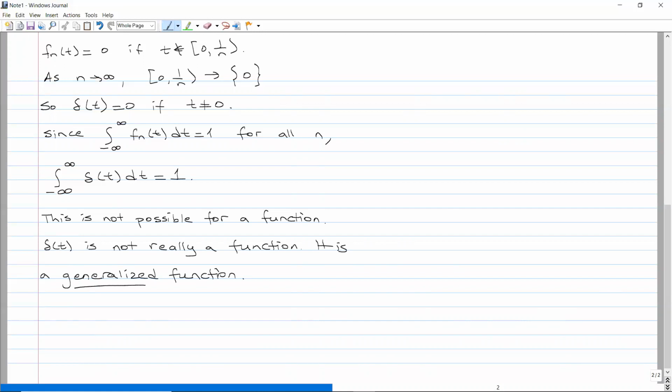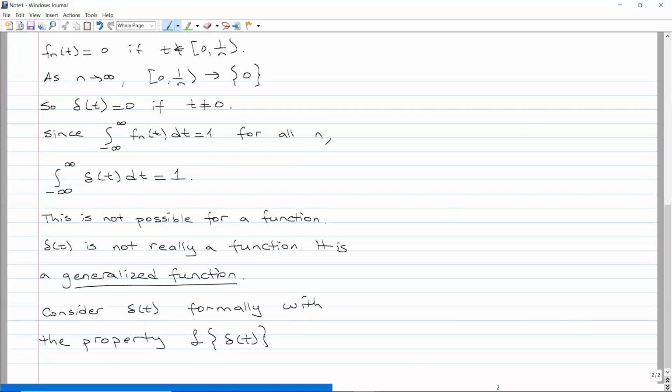So the theory of this can be made more rigorous, but we don't need to go into that here. So at this point, consider delta t formally with the property that when you take its Laplace transform, it is constant 1.